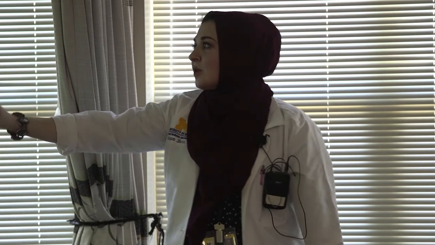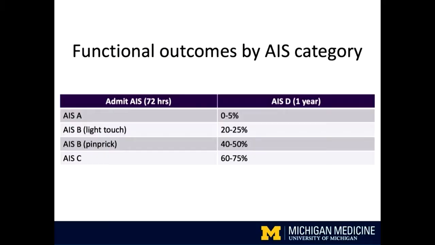This is important. I think this is easy to remember, and I'm just going to tell you what I tell my residents. So remember, your ASIA exam was done, hopefully, by day 3 or the first week. You want to be a D, because you're going to be ambulatory, pretty decently ambulatory. An ASIA A converting to an ASIA D at the 1-year mark is 0 to 5%.